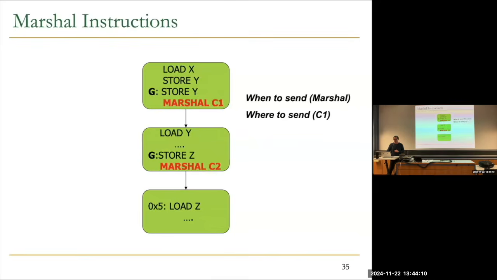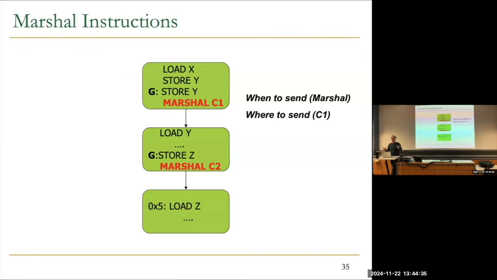Okay. So assuming you've identified these generator instructions, then you can insert marshal instructions. And a marshal instruction needs to specify when to send. The existence of the marshal instruction basically says this is the time to send the data, so you can put it in an appropriate place. And it also specifies where to send the data, in this case, core 1. This needs to be some virtualized ID of the core.